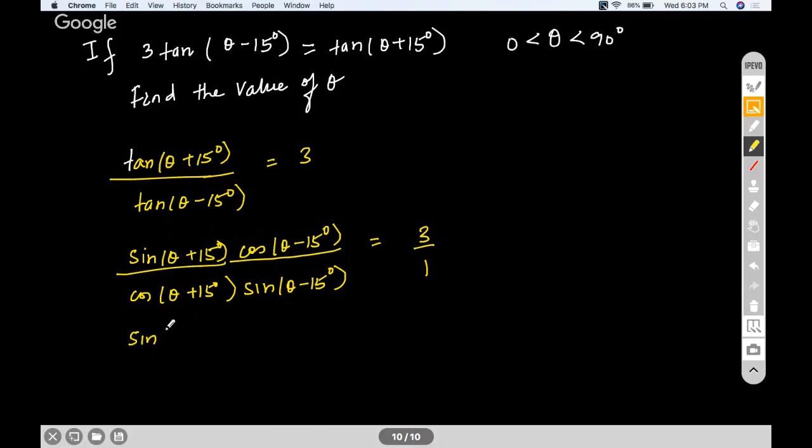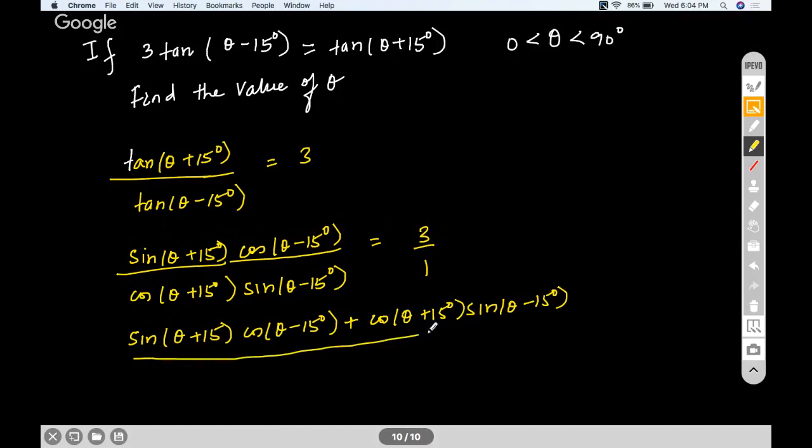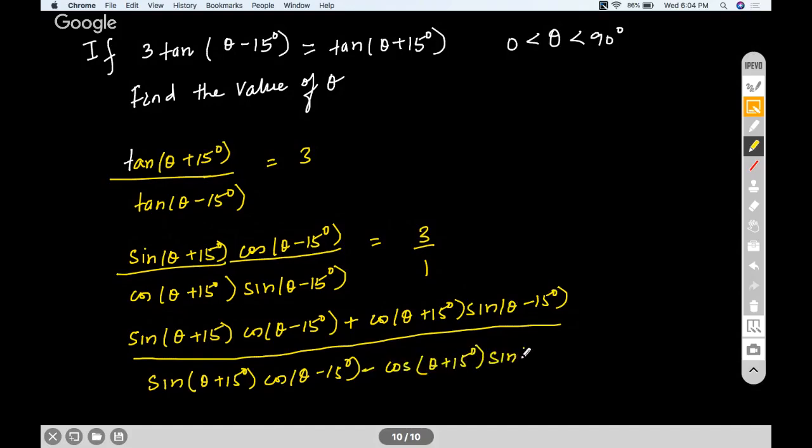So I can do sine theta plus 15 cos theta minus 15 plus cos theta plus 15 sine theta minus 15, whole divided by sine theta plus 15 cos theta minus 15 minus cos theta plus 15 sine theta minus 15. This will be this, correct?